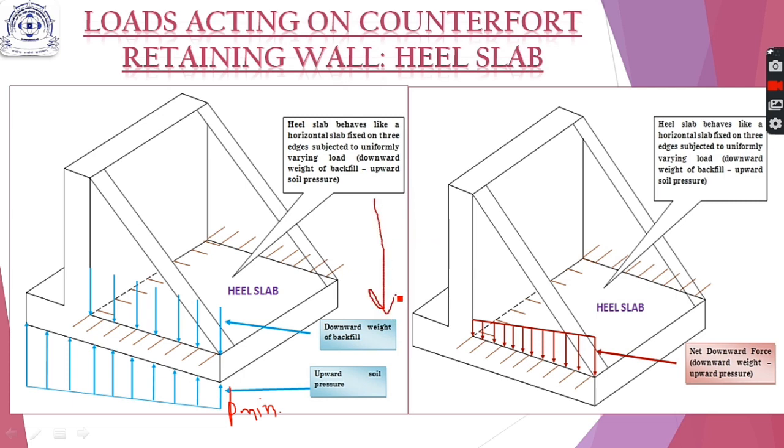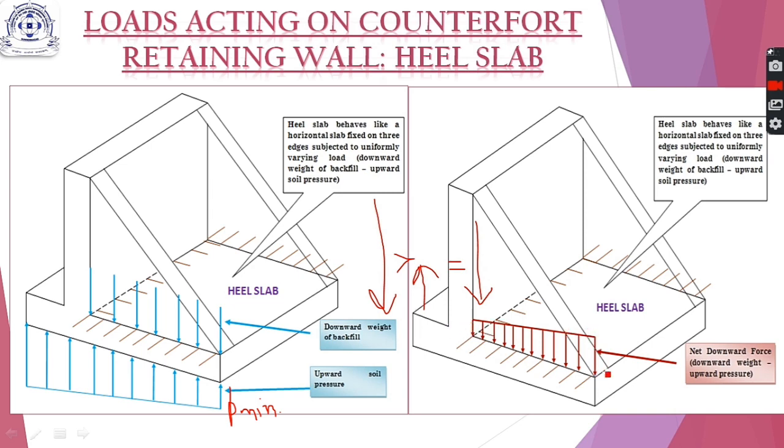Therefore if this downward force is more than the upward force, the net or resultant force will also come out to be downward. Hence we can easily say that the load acting on the heel slab is the net resultant downward load due to the downward weight of backfill and upward soil pressure. And if we calculate this load, its distribution will be like this.